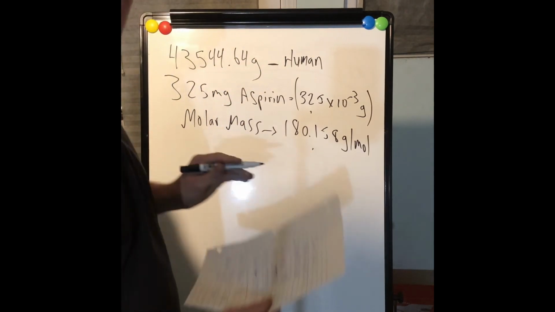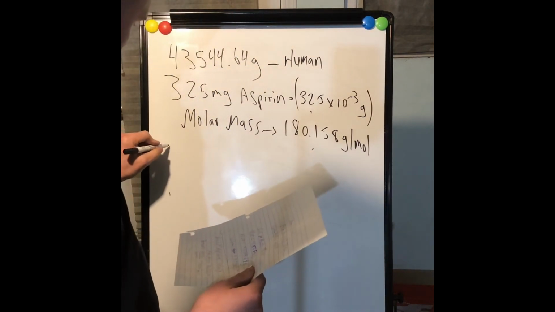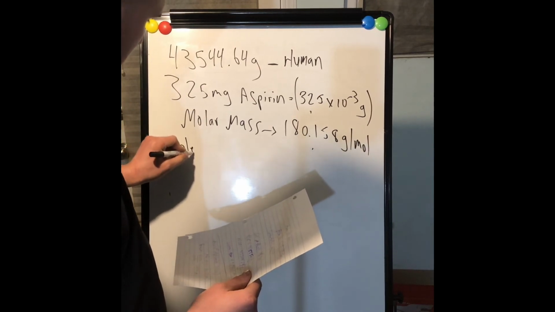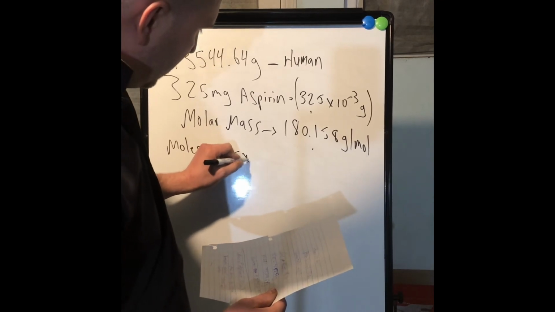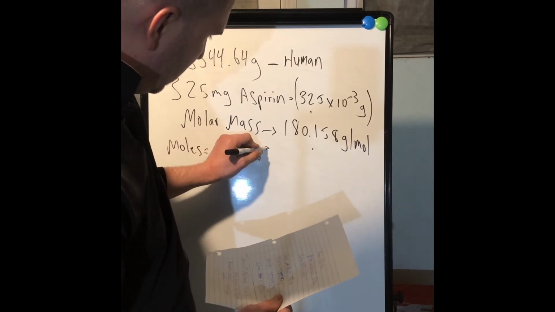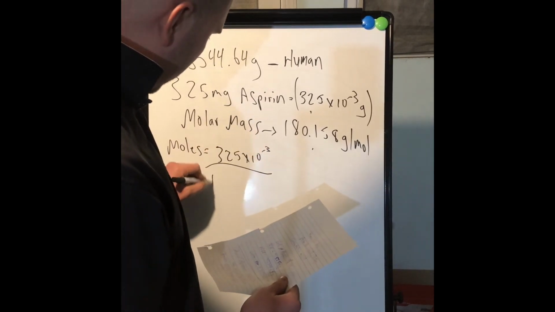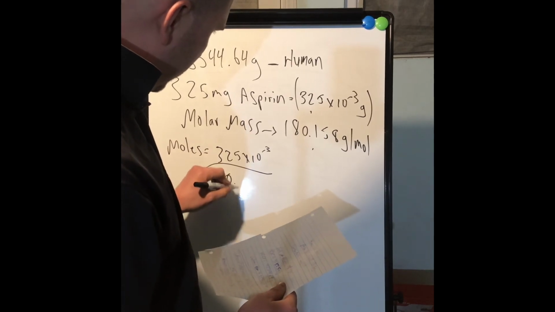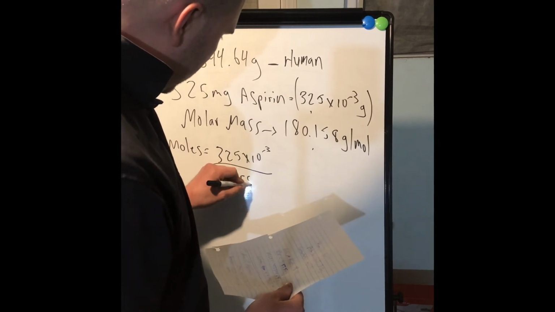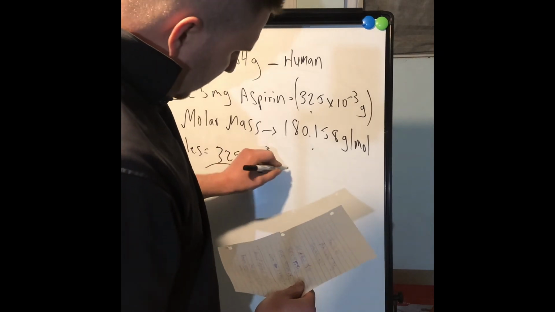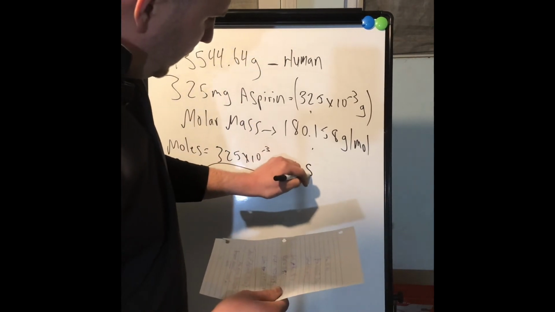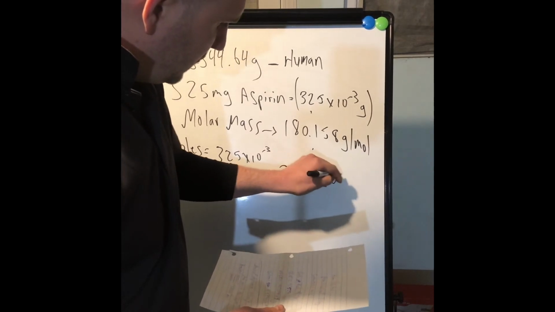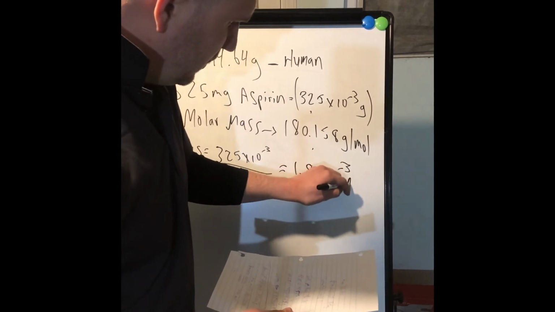To find the number of moles, moles is going to be equal to 325 times 10 to the negative 3 divided by 180.158, which turns out to be about 1.8 times 10 to the negative 3 moles.